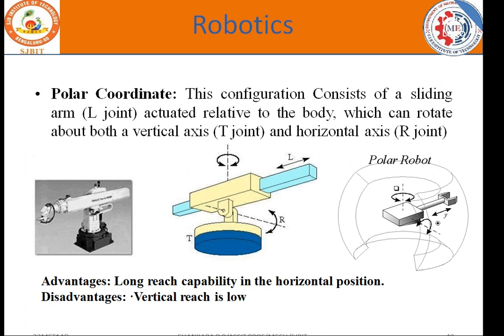The advantage of this type of robot is long reach capability in the horizontal direction, though vertical reach is low. In the vertical axis the T joint is there, and in the horizontal axis the R joint is there. The linear motion happens with the help of the extension of the robot.